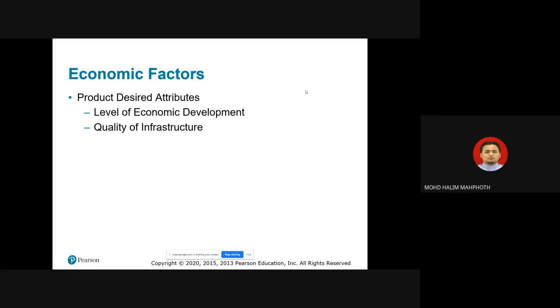Economic factors we did before: product design attribute, level of economic development, low income, high income. The treatment is different. For high income, maybe they go for the content and the quality of the product. But for lower income, maybe they go for affordable or cheaper prices.